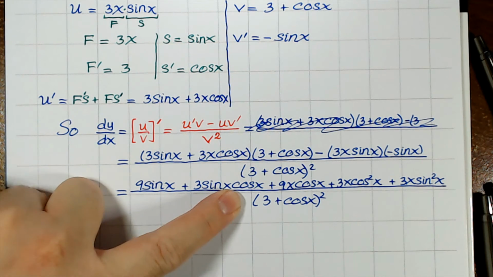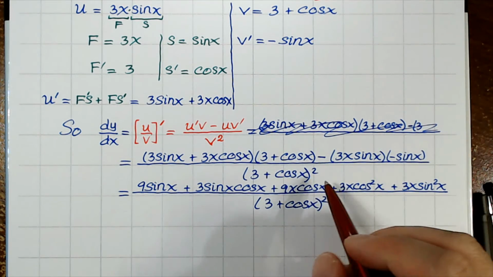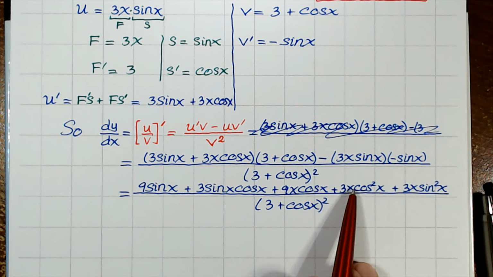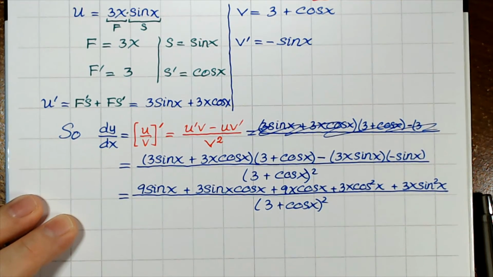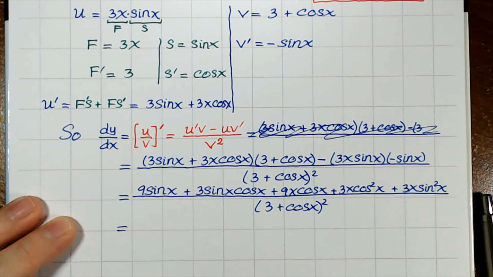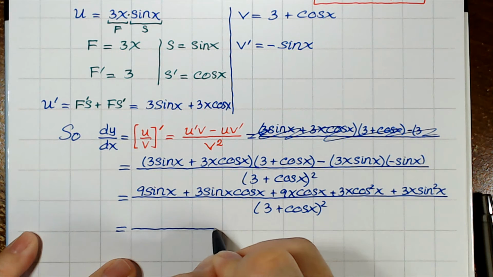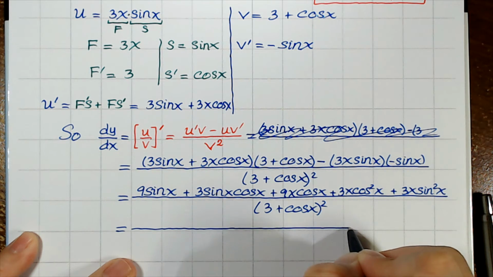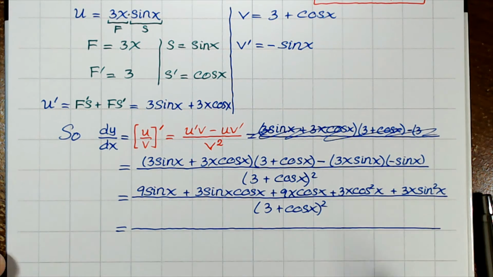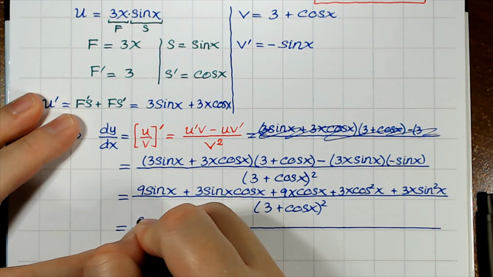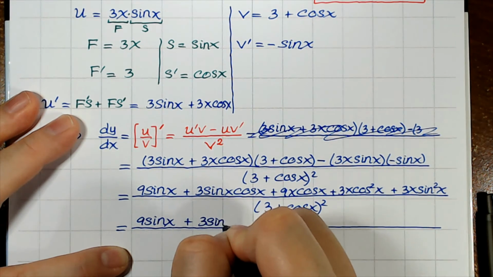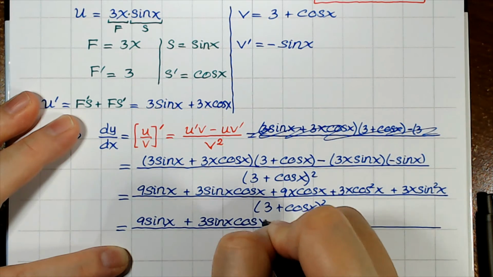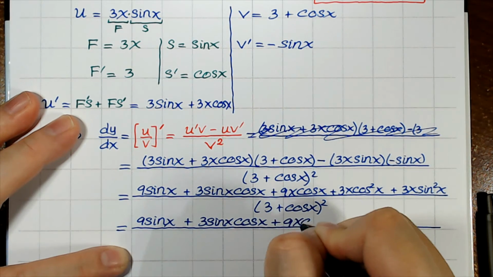That, not that. Right, what we see here is the last cosine square and sine square. We can factor it out. Right, so 9 sine x and 3 sine x cosine x, and then 9x cosine x.